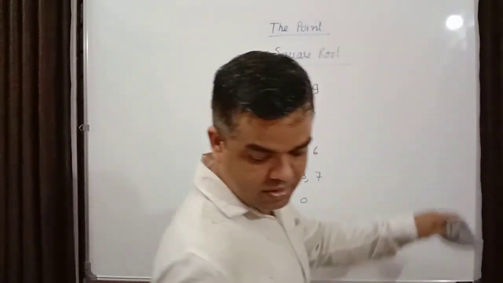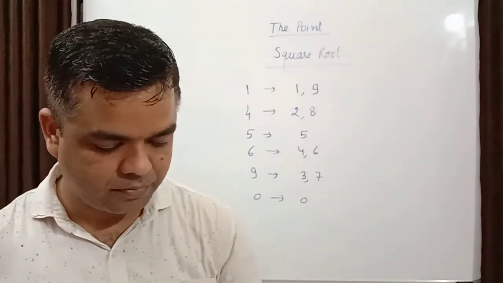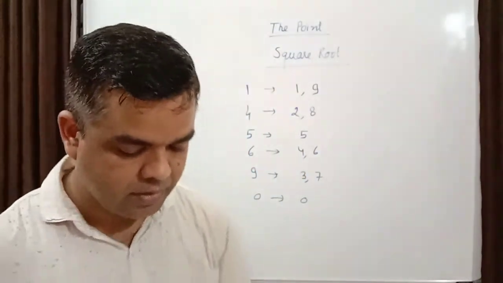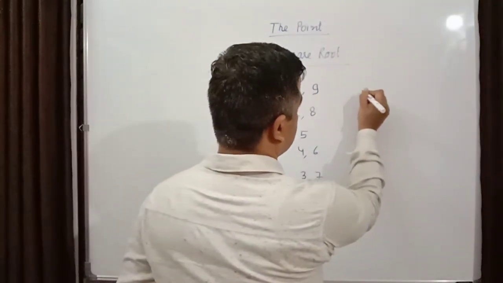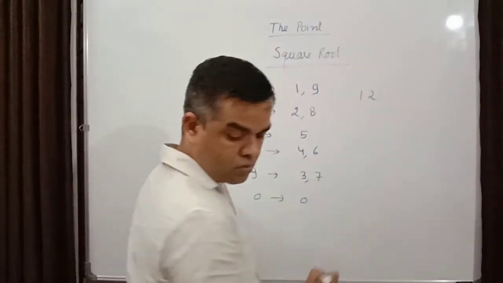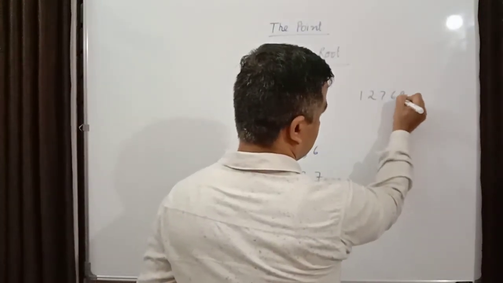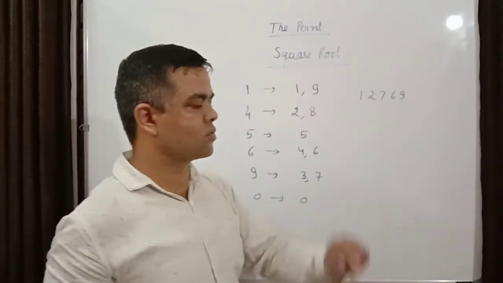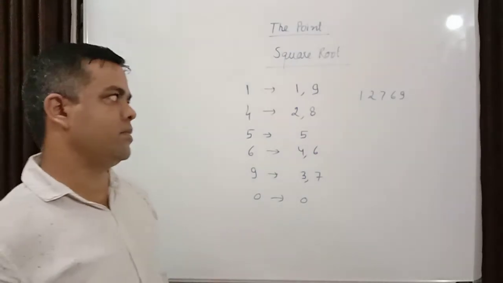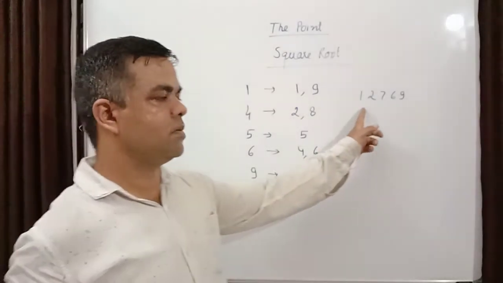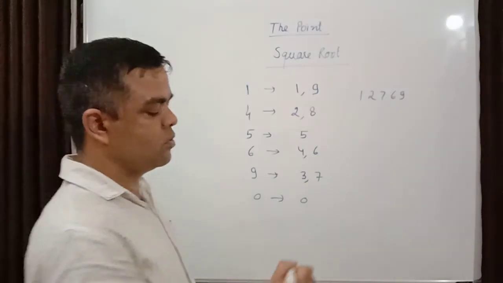Now take one question. Suppose take this number. I will take a longer number: 1, 2, 7, 6, 9. Now find out the square root of this number. So what I have to do?